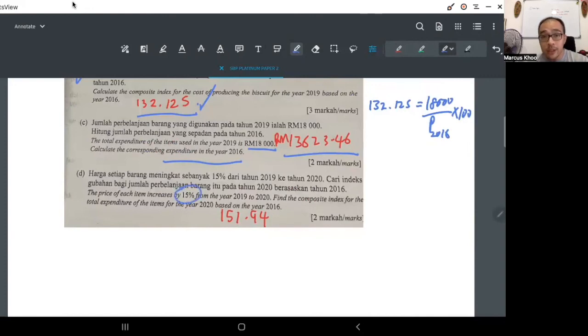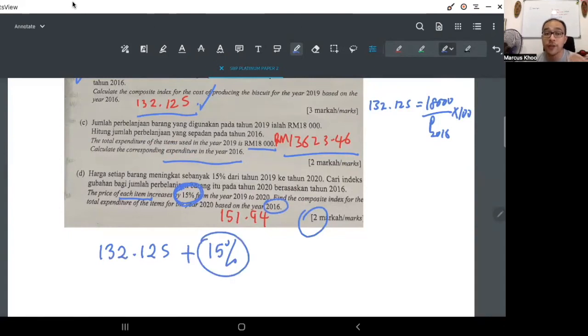And then lastly, the price of each item increases by 15%. Now, this is a trick question actually. If you notice, it's only two marks. We need to understand that if the price of each item increases the same amount, the composite index will also increase 15%, if it is based on the same year. So all you have to do is take the 132.125 and include the 15% from it.